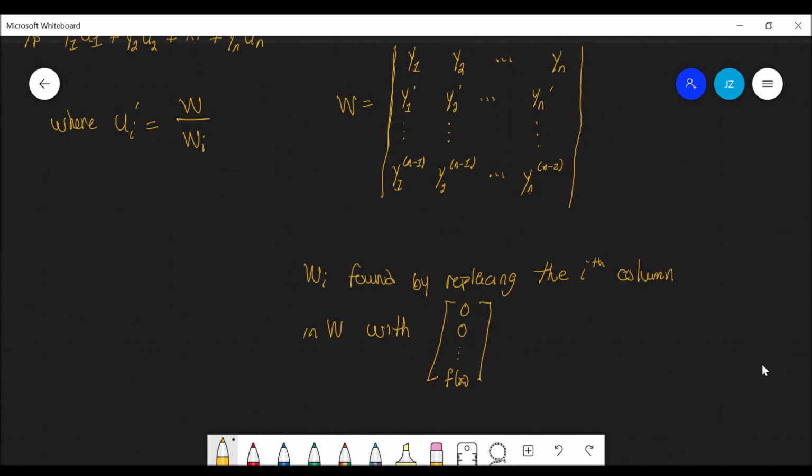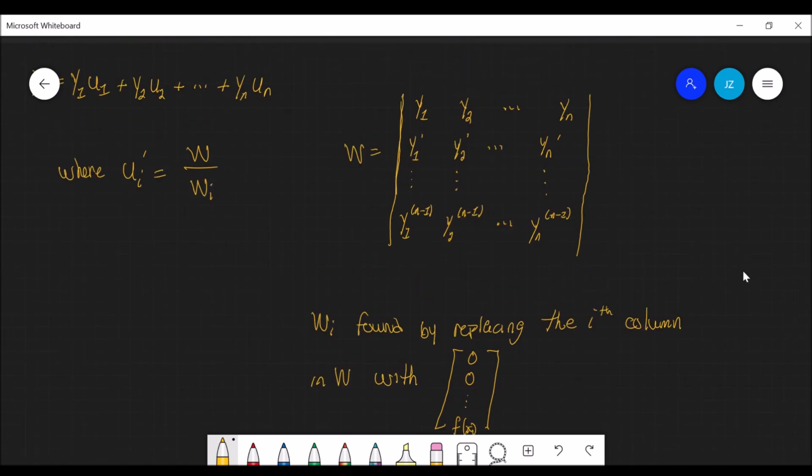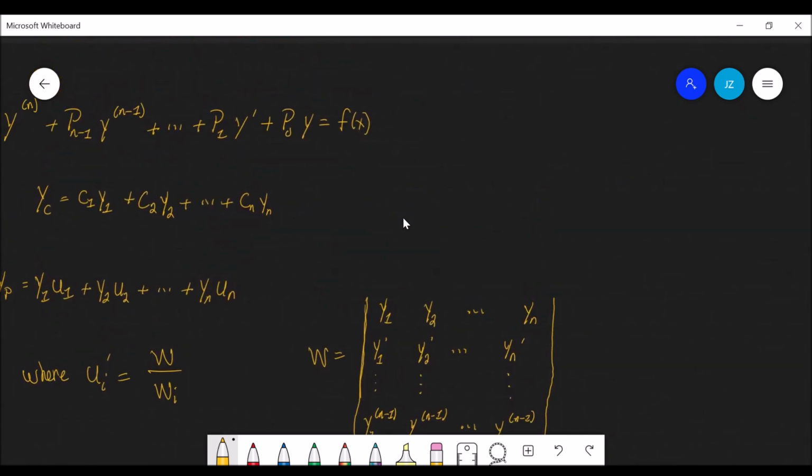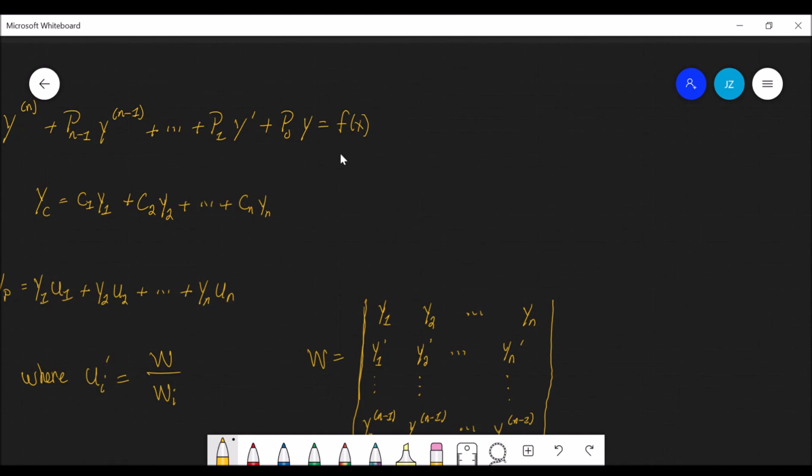That is variation of parameters. This has an advantage over undetermined coefficients in the sense that we made no restriction on the form of f of x. Remember, to use undetermined coefficients, there was a restriction on this f of x. The f of x had to be of a particular form.